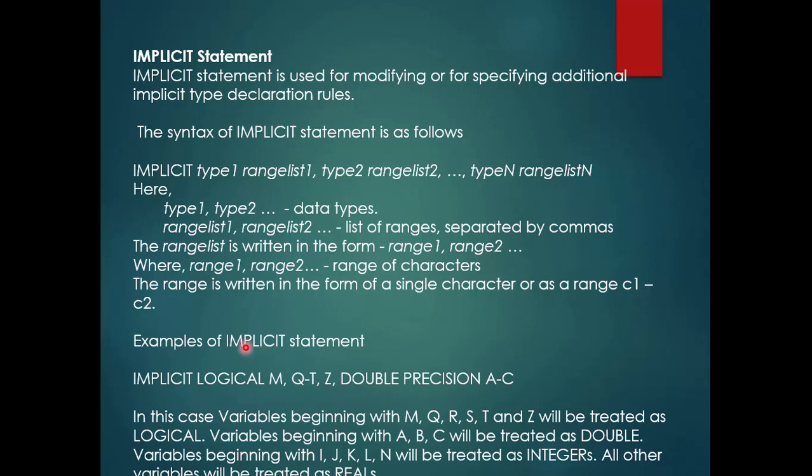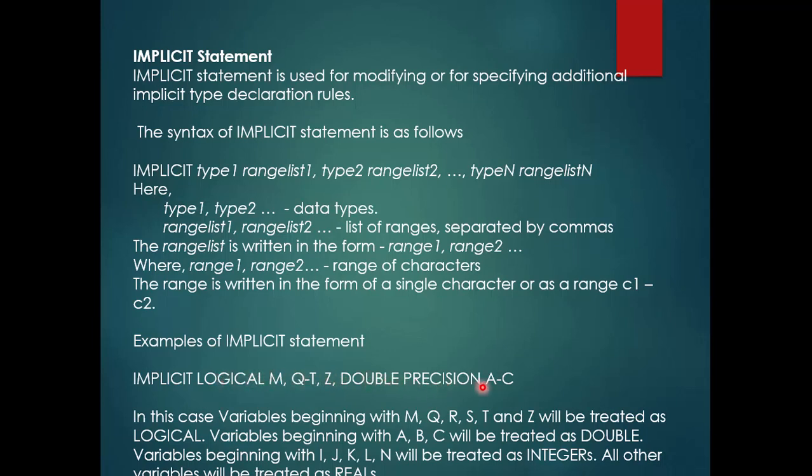So let us take an example of the implicit statement. Implicit, then logical, which is a non-integer, non-numeric data type. When we consider m, comma, q dash t, comma, z, all those three ranges are considered as logical.